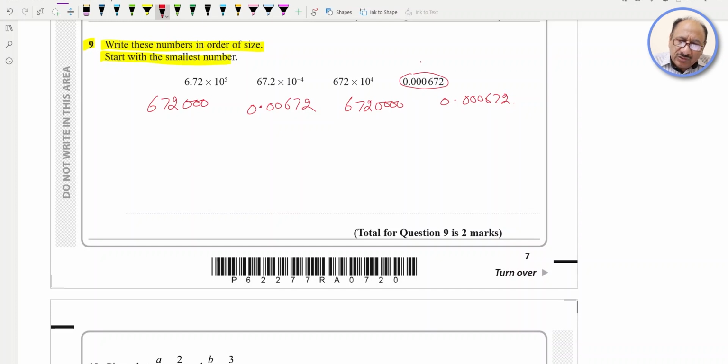So this will be the smallest one, and second one will be this one, third one will be this one, and the fourth one will be this.